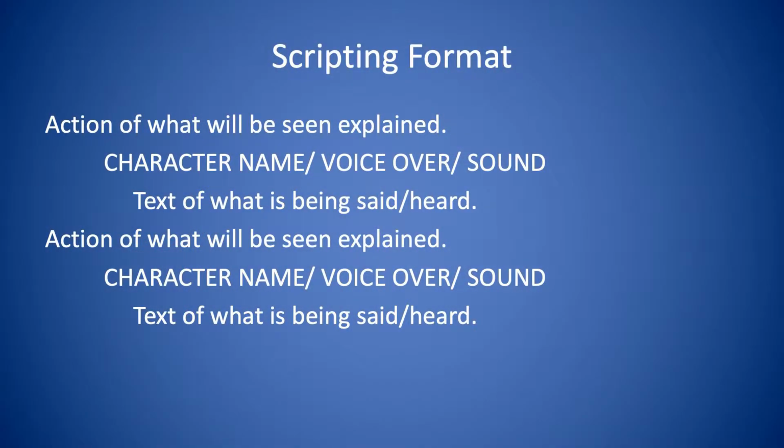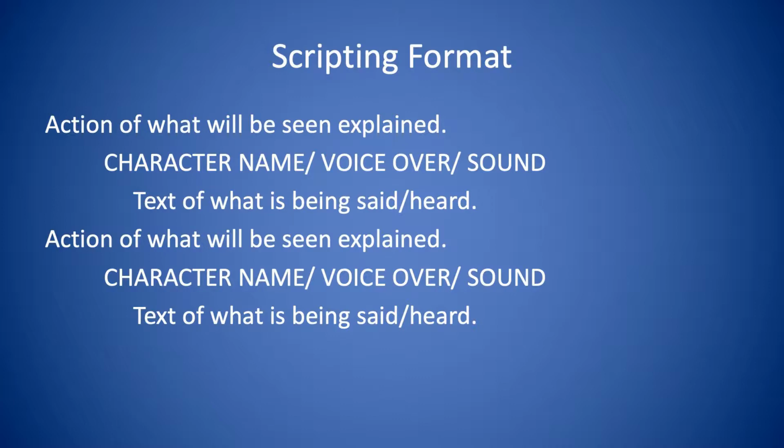When you're scripting, you want to stick to a certain format in order to stay nice and organized. As you can see here, you're first going to have the action of what's going to be seen explained. And so what that could be, it could be you see a person sitting at their desk, or you see someone on the street kneeling over.